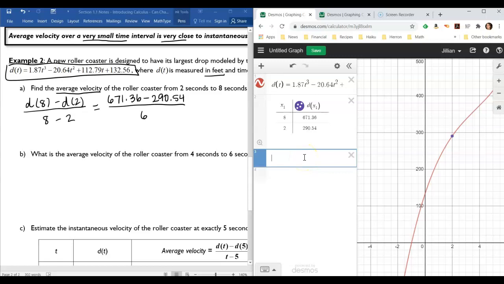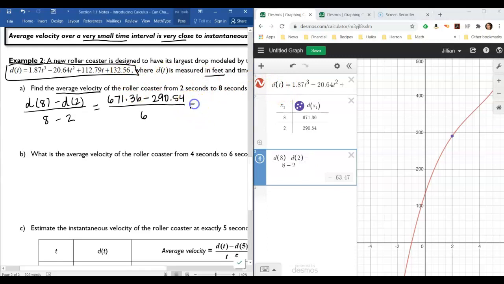Now what I could actually do, which is probably going to be easier for us, is d of 8 down here minus d of 2, all over 8 minus 2. Let's close that parenthesis up there, and it will automatically calculate it for me. If I've already called that d up at the top, then it's just going to go ahead and calculate it. Now, we said d was measured in feet and time was seconds, so this is feet per second.